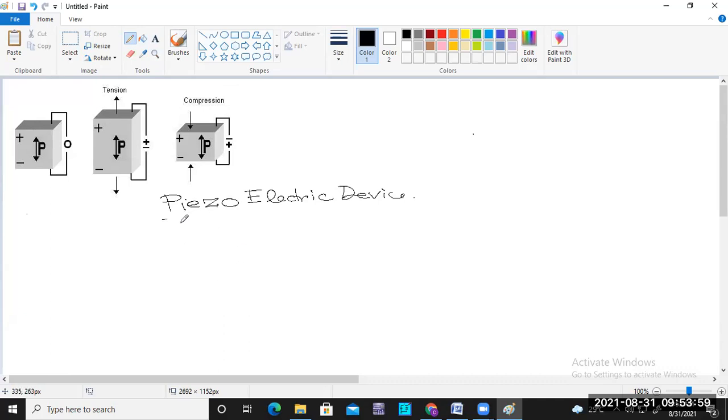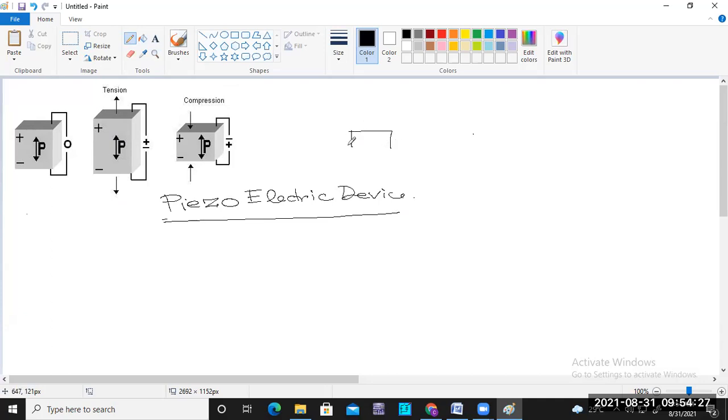That is the main characteristic of the piezoelectric device. As in the picture, if some tensile or compressive force is applied, then at the opposite 90-degree side you get a positive or negative charge, just like this.